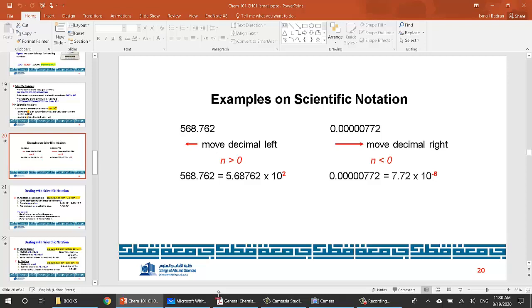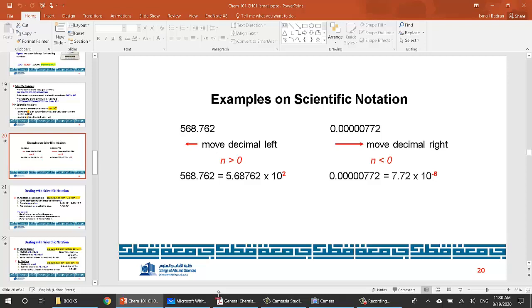Anything after the decimal point, you read as individual digits. You don't read it in hundreds and thousands. So you say 568 point seven six two. You don't say 568 point seven hundred sixty-two. Okay, that's wrong. And the number to the right here is equal to 0.0000772. This is the way you read it.